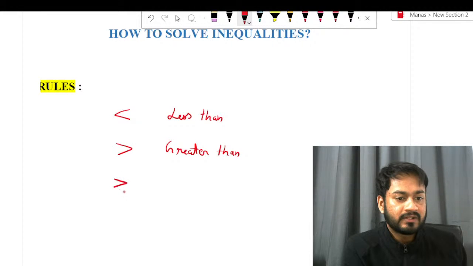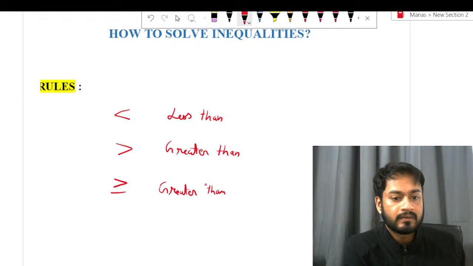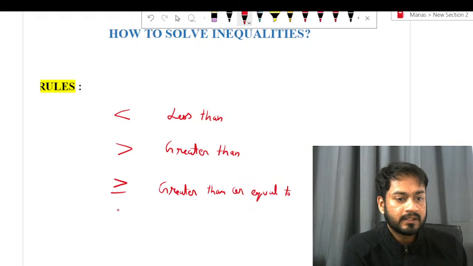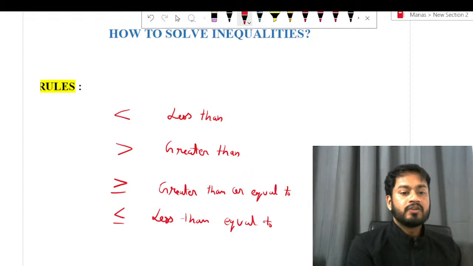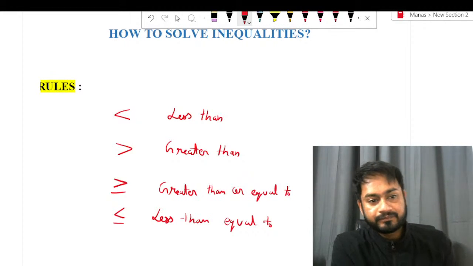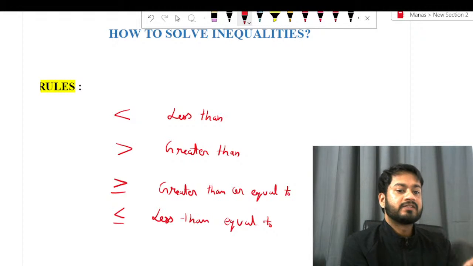This is greater than or equal to, and this is less than or equal to.